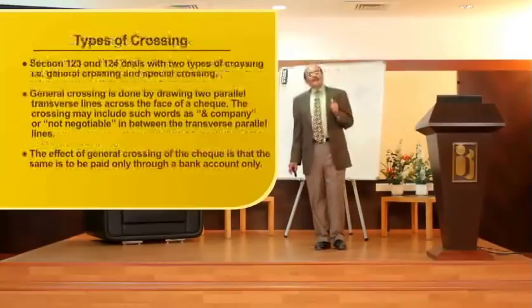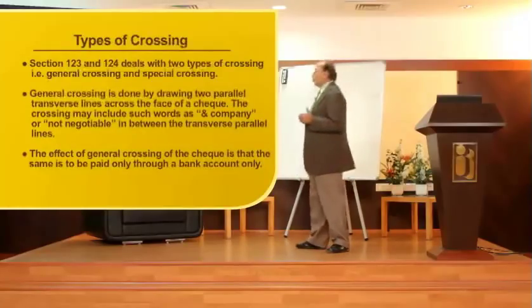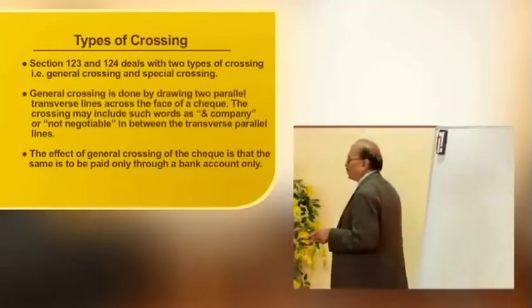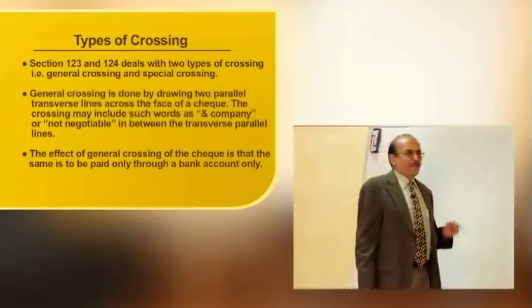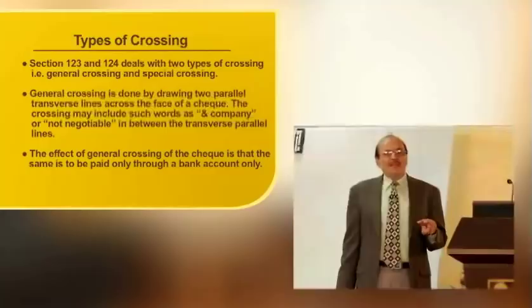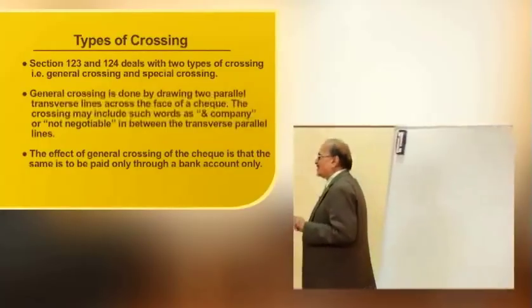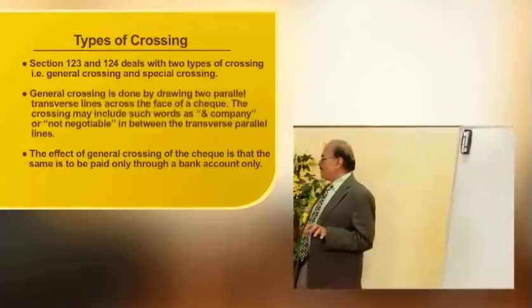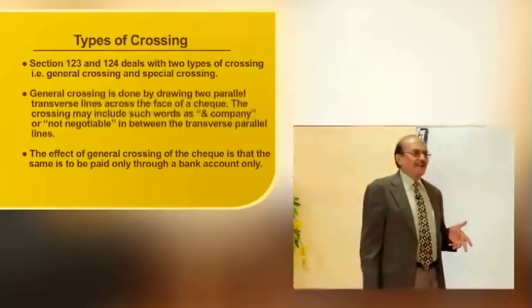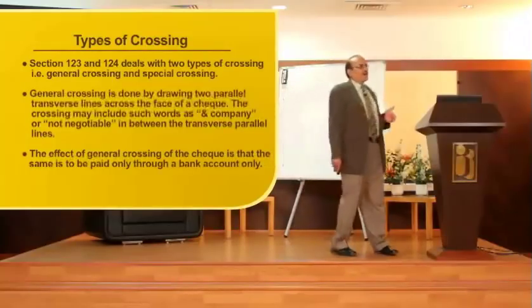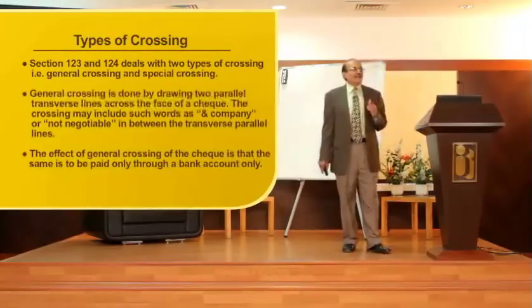What are the different types of crossing? Let us have a look at it. Sections 123 and 124 deal with two types of crossing, that is general crossing and special crossing. What do we mean by general crossing? General crossing means drawing two parallel transverse lines across the face of a check. The crossing may include such words as "and company" or "not negotiable" in between the transverse parallel lines.